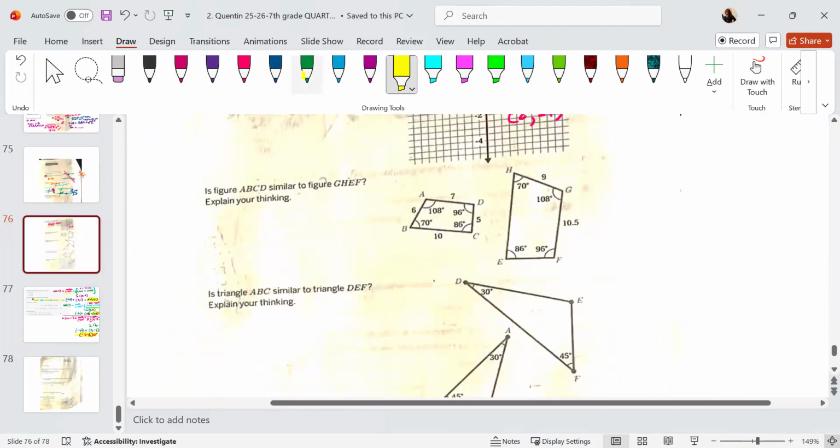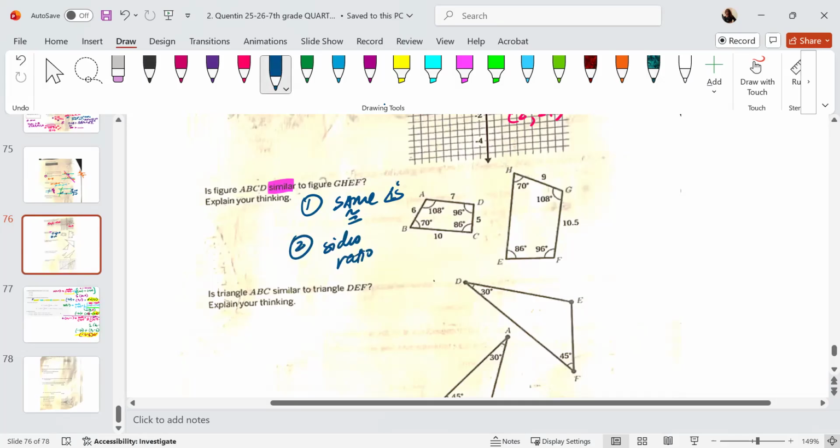Angles and sides. Same angles, as in the angles have to be equal.